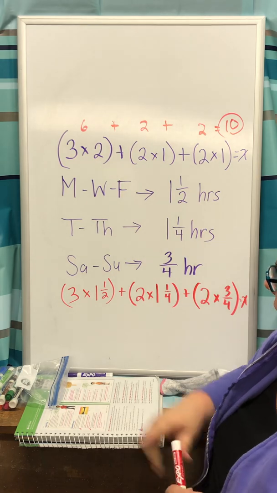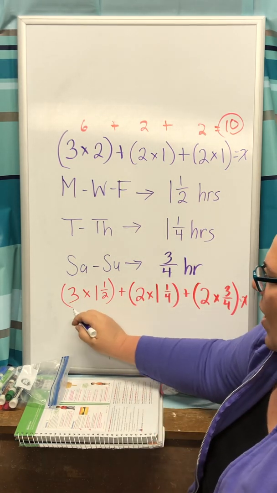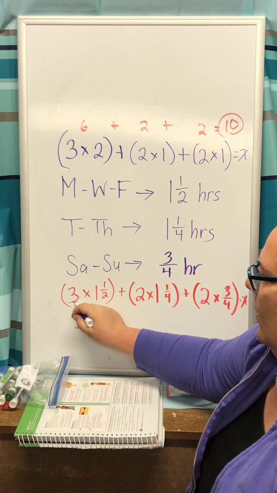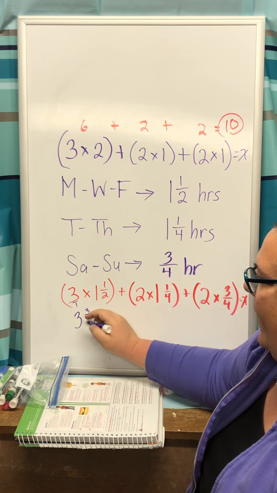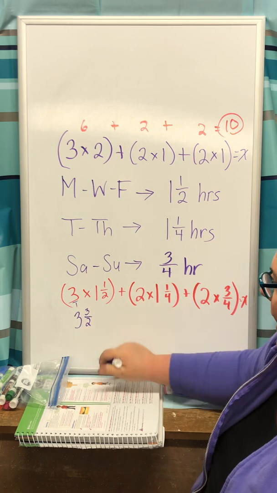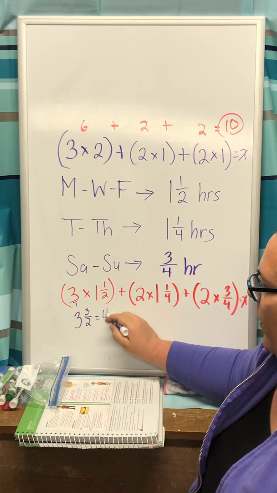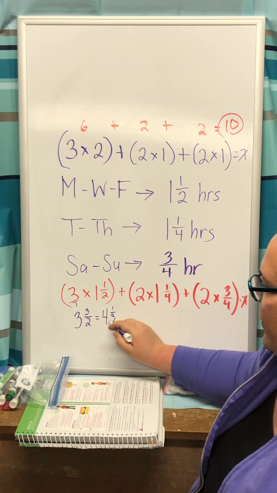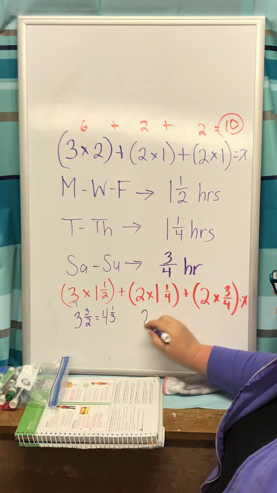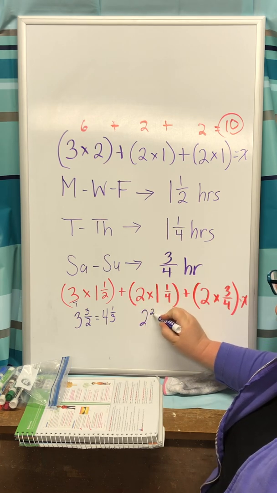Okay, so now when I go to solve this, I'm doing 3 times 1, 3. 3 times 1/2. 3 times 1 is 3. 1 times 2 is 2. So I have 3 and 3/2, or 4 and 1/2. My second one is going to be 2 times 1 is 2. 2 times 1/4 is 2/4.